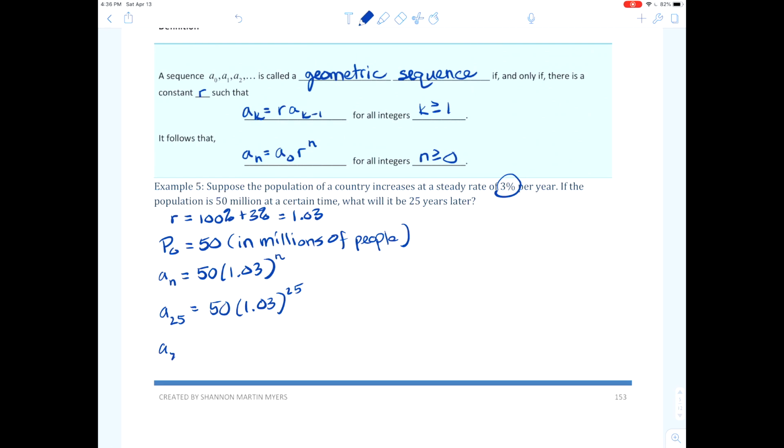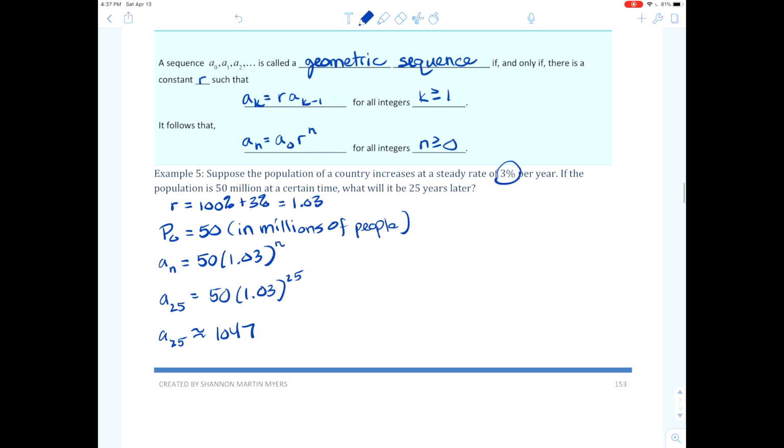So we end up getting approximately 104. If you just put in the 50, you'll get 104.7, but that's in millions, right?